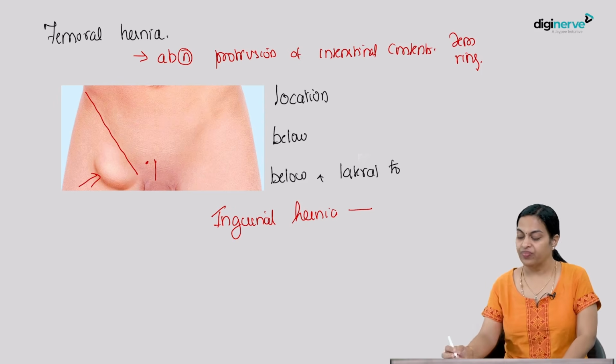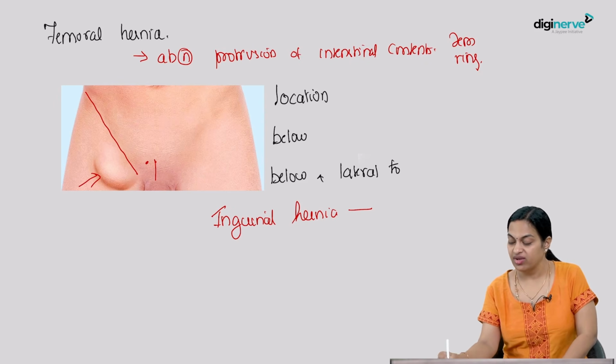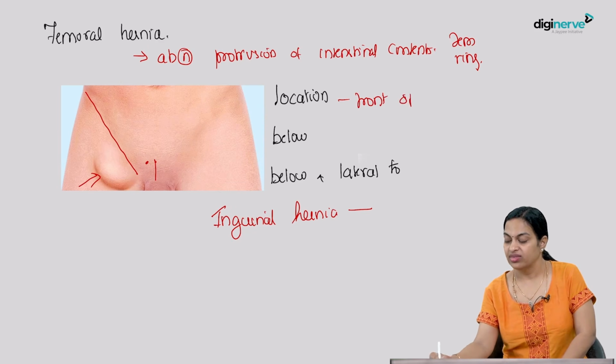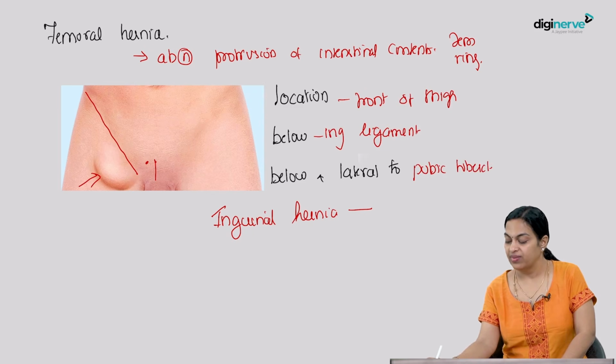the abdominal wall. So it is located, as you see here, in the front of the thigh, below the inguinal ligament, below and lateral to the pubic tubercle.